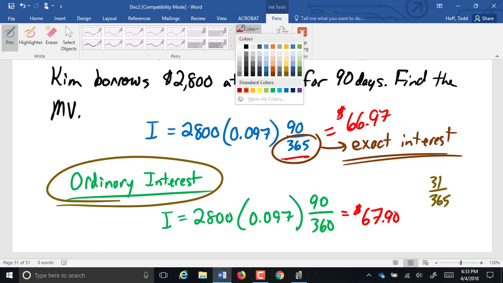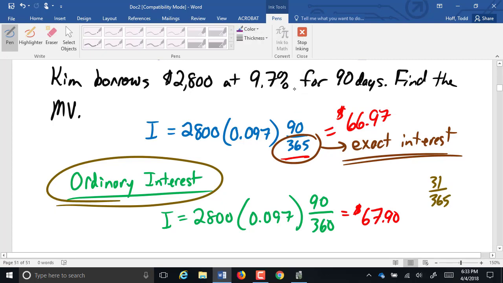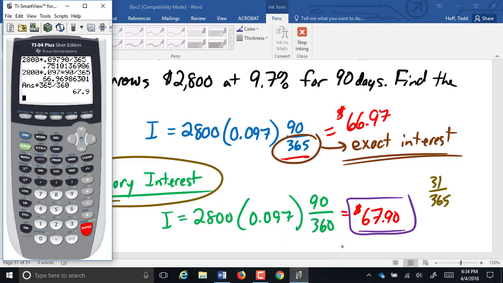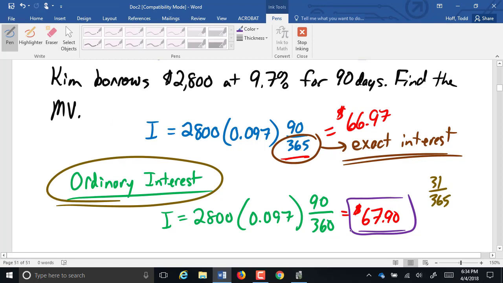They get $93 more interest on that loan, don't they? Did you guys get that to come out? Did I say 93? There's 93 cents difference. If I subtract these two, there's 93 cents difference between them.